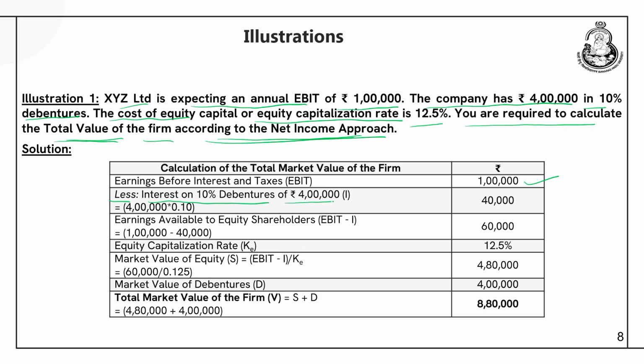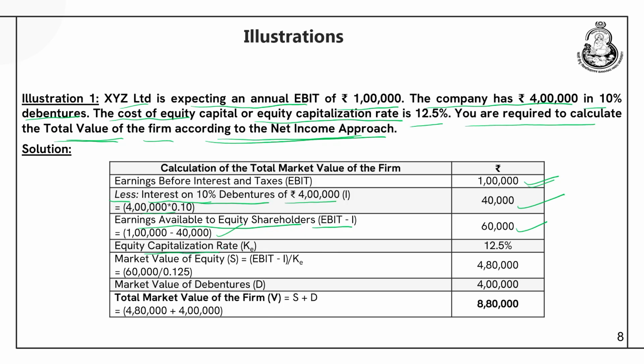The debentures amount was 4 lakh and the rate was 10%, so 10% of 4 lakh is 40,000, right. So, what will be the earnings available to equity shareholders? That is EBIT minus I, that is 1 lakh minus 40,000, which comes out to be 60,000.